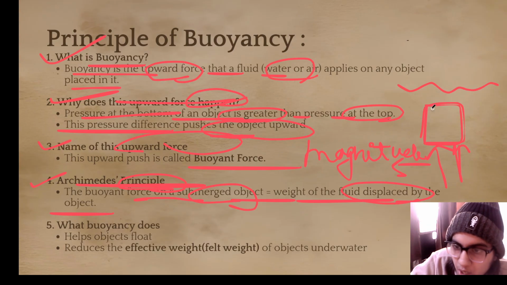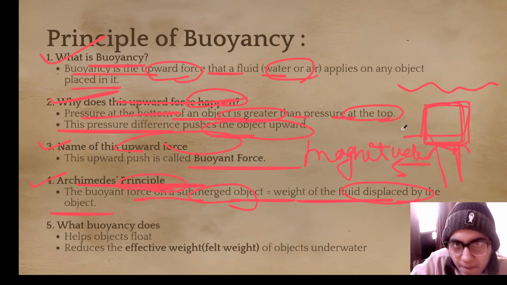by the object. So this object, if you put it into the water, takes space of the water. If you remove this object, the space covered by it will fill with water.